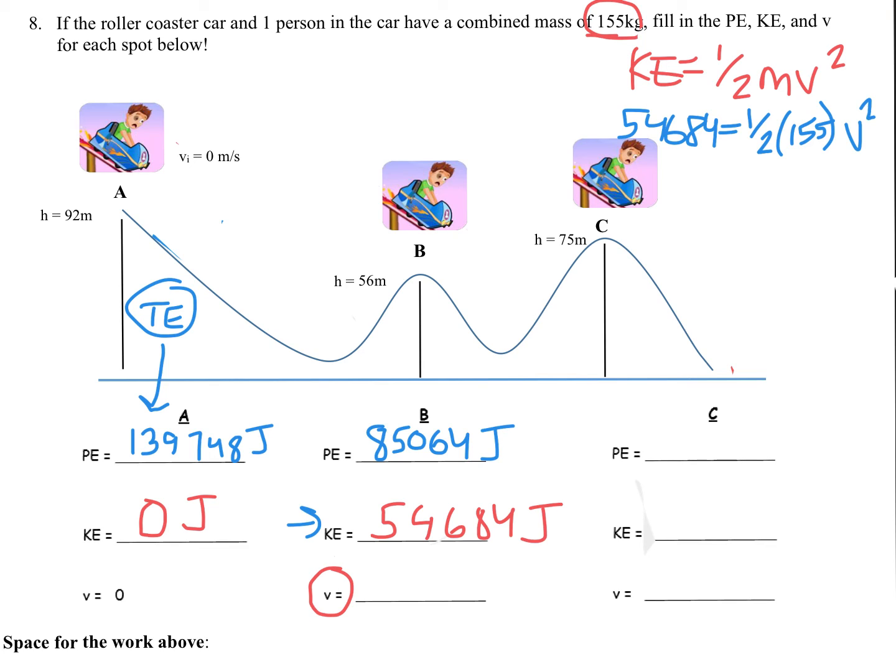And we'll have v squared. So let's start solving this out a little bit. We know we have 54,684 on this side, but now we need to multiply 155 times 1/2. When we did that, 155 times 1/2, we end up getting about 77.5, and we still have our velocity squared.